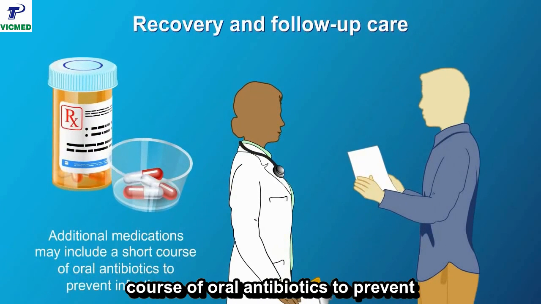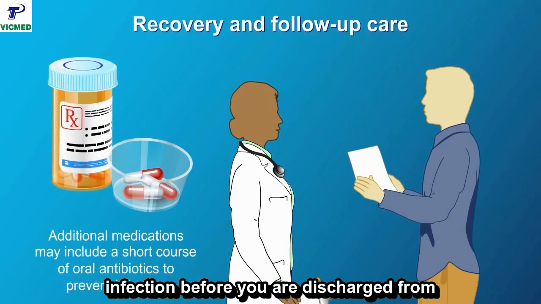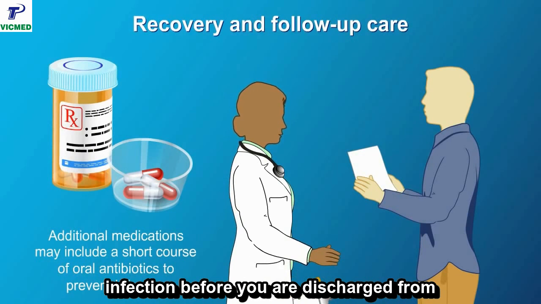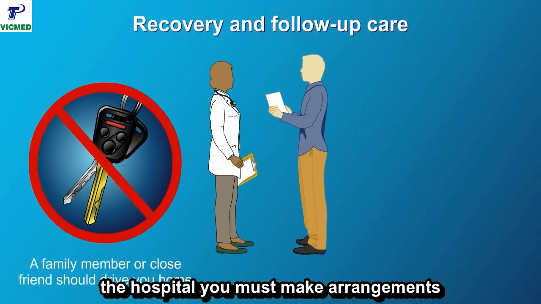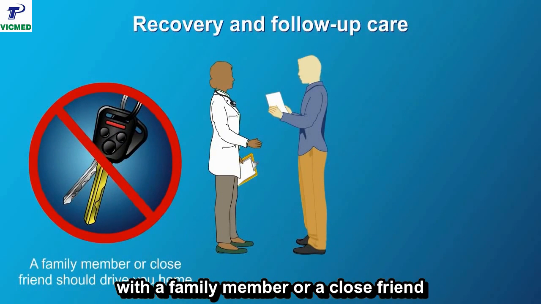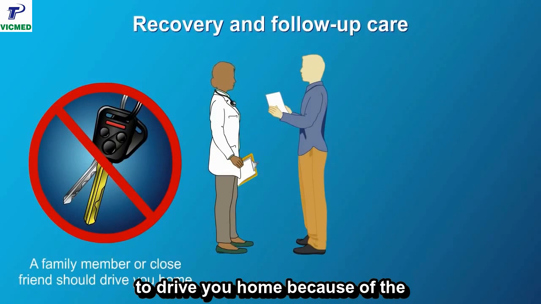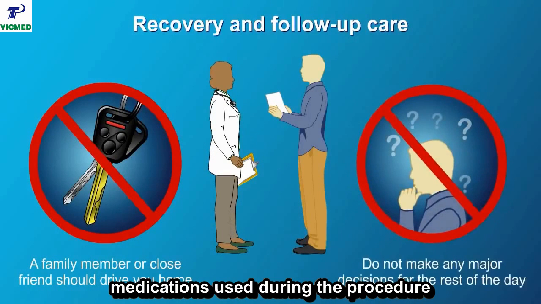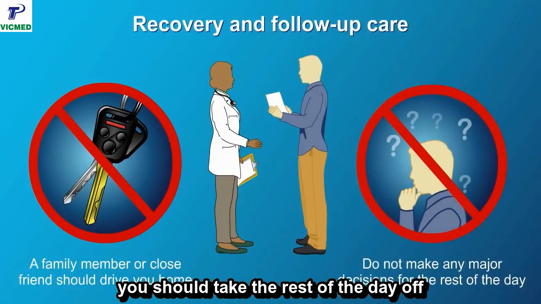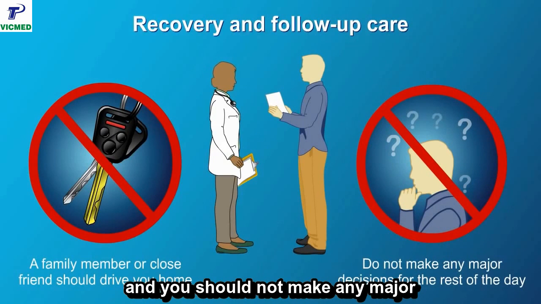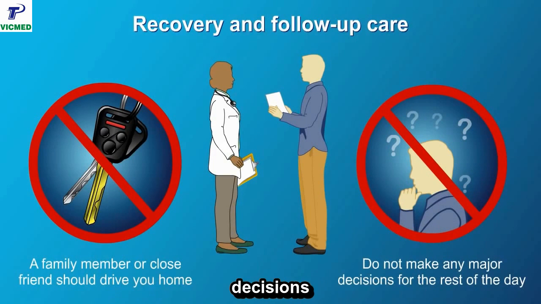This may include a short course of oral antibiotics to prevent infection. Before you are discharged from the hospital, you must make arrangements with a family member or a close friend to drive you home. Because of the medications used during the procedure, you should take the rest of the day off, and you should not make any major decisions.